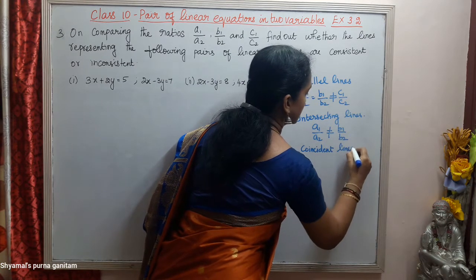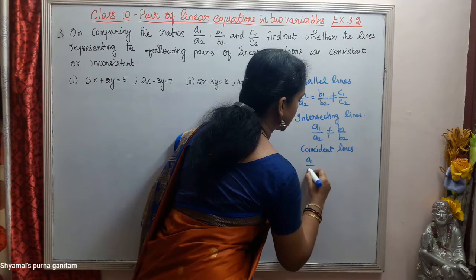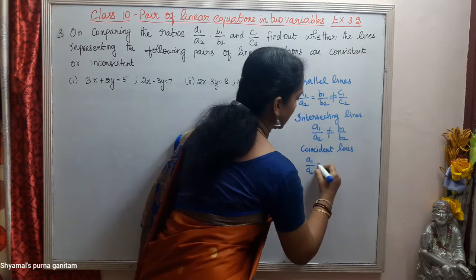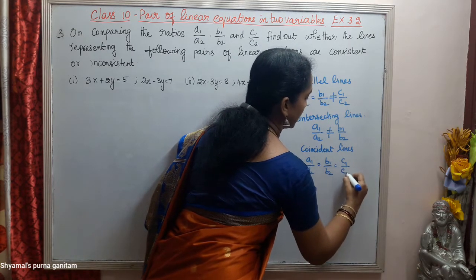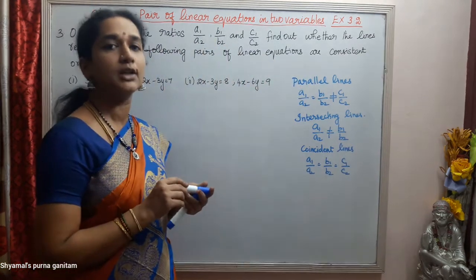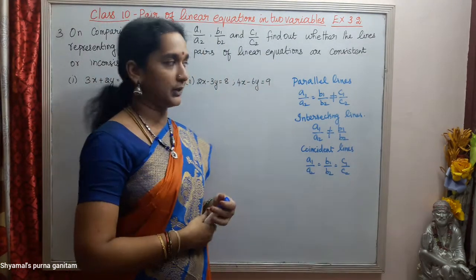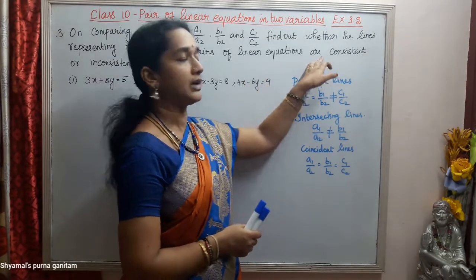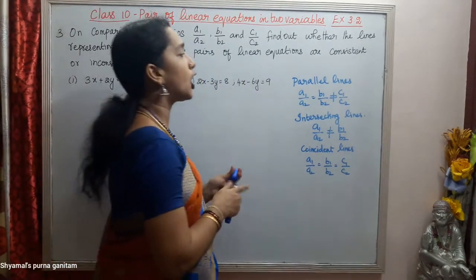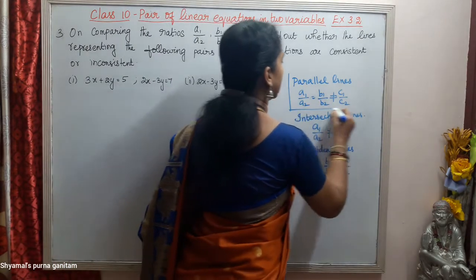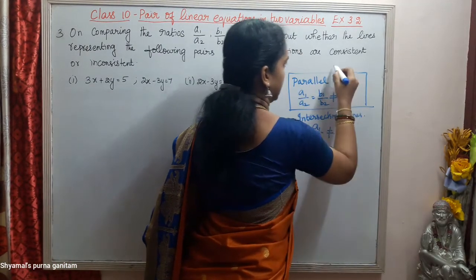Coincident lines. For this one the condition is A1 by A2 is equal to B1 by B2 is equal to C1 by C2. This is the condition for these three pairs of lines. Here we are asked to check whether they are consistent or inconsistent. All the parallel lines we will say are inconsistent.